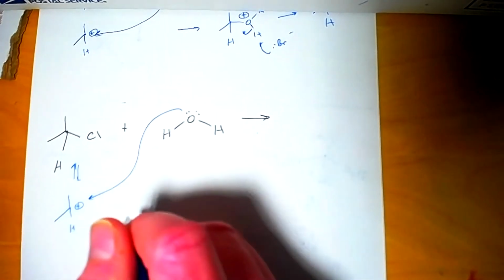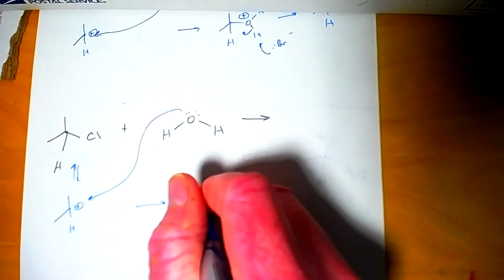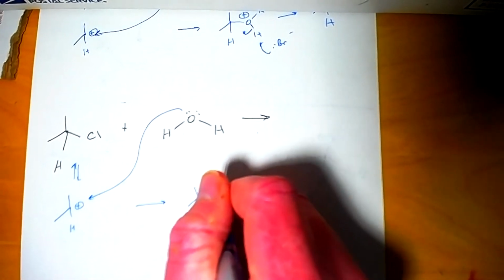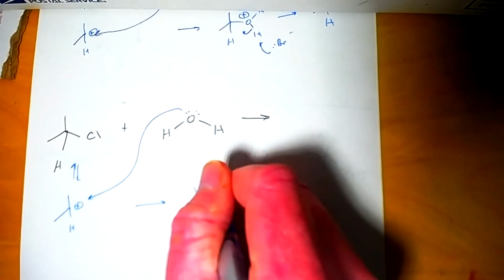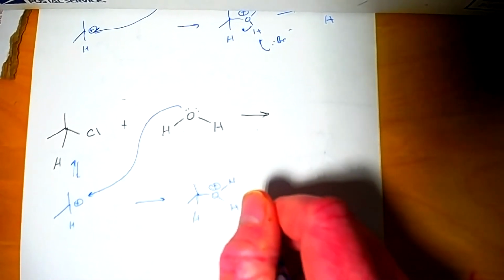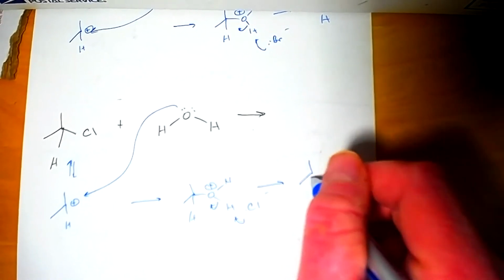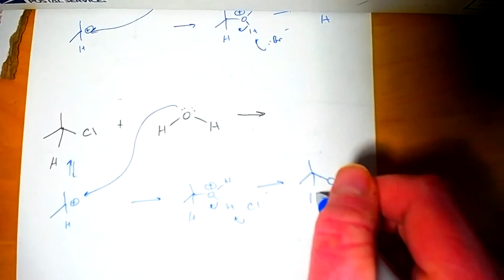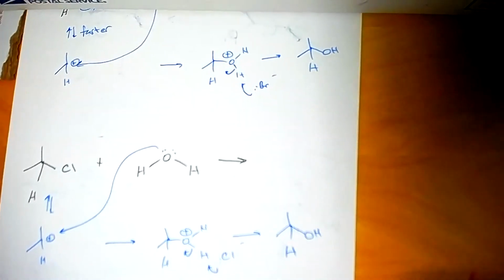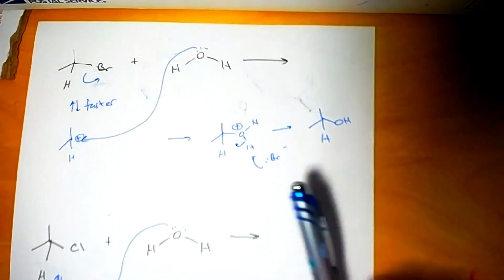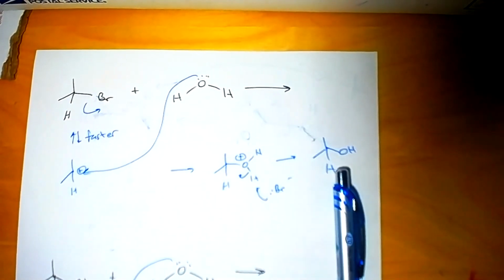And down here should be something very similar, except you have elimination of HCl. But both of them are the same product, okay? But I would conclude that the first reaction is faster because the bromide is a better leaving group.